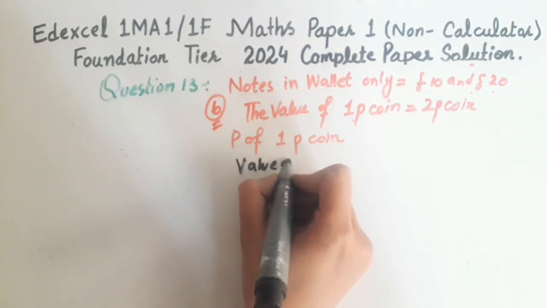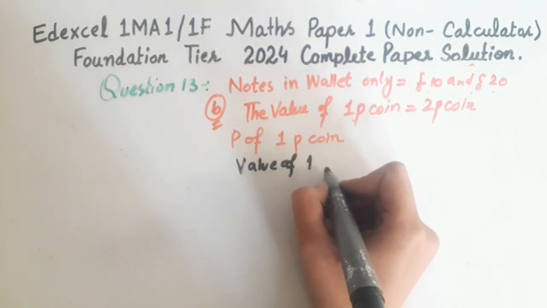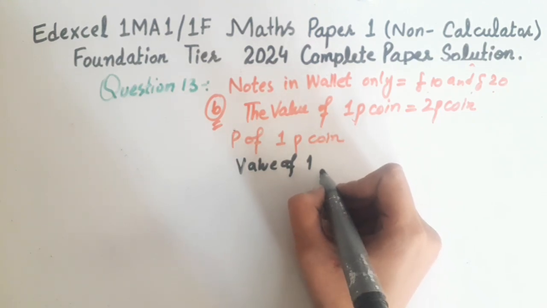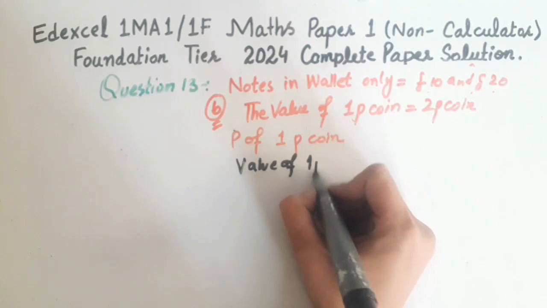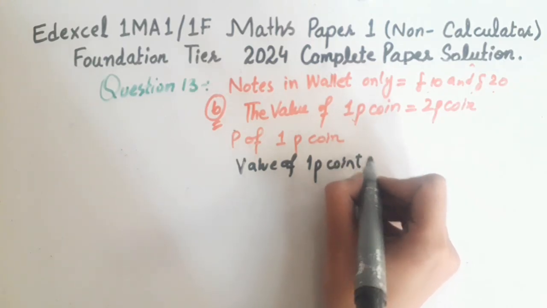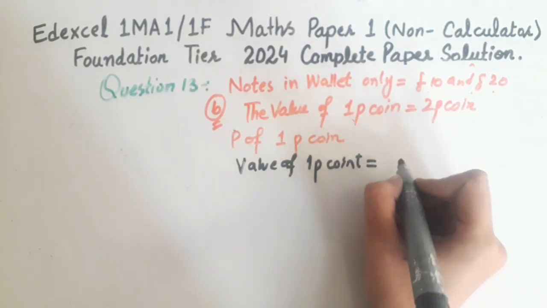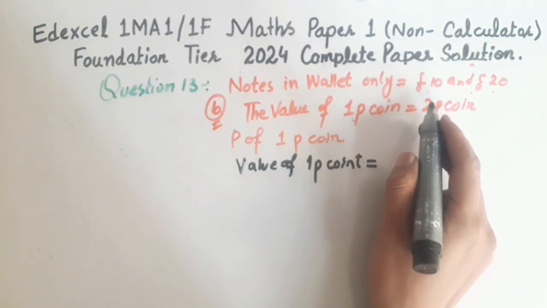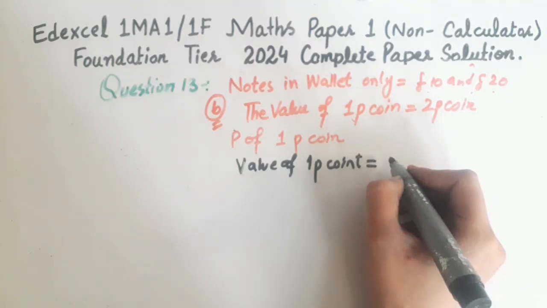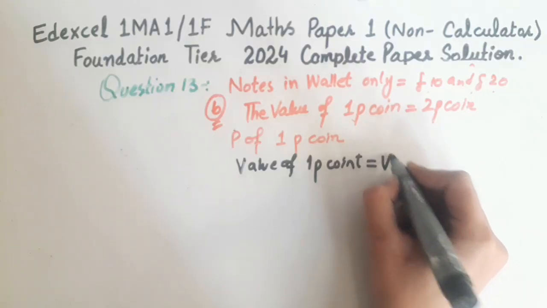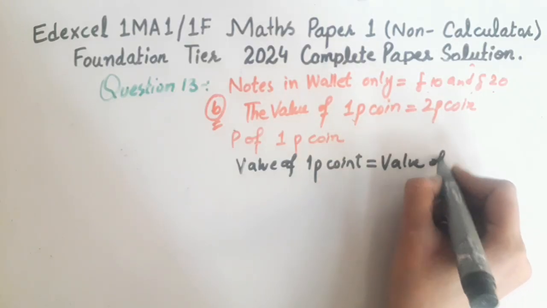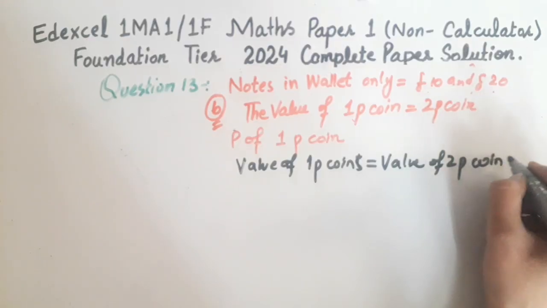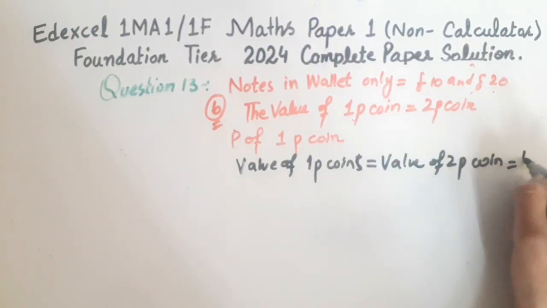the value of one P coins equals the value of two P coins, that equals 40.